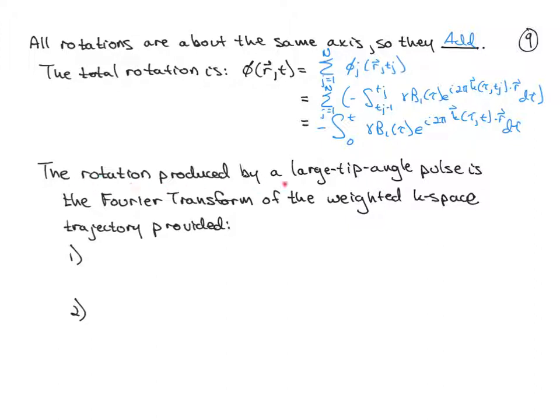So the rotation produced by a large tip angle pulse is the Fourier transform of the weighted k-space trajectory, provided that the trajectory can be decomposed into symmetric segments about the origin, they have to be symmetric again to get Hermitian symmetric k-space weighting.